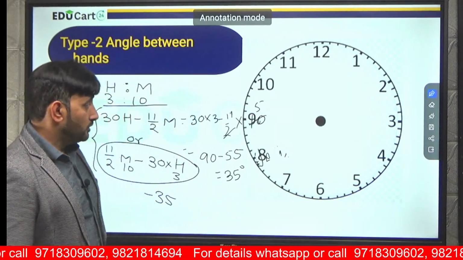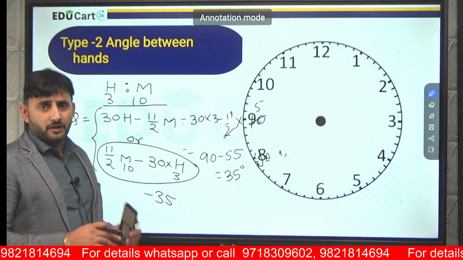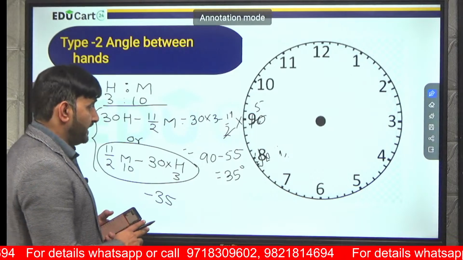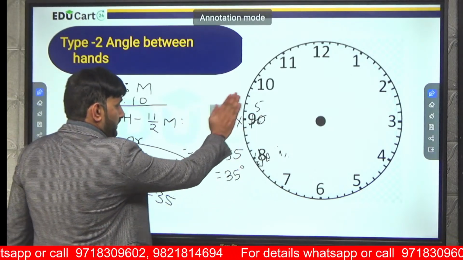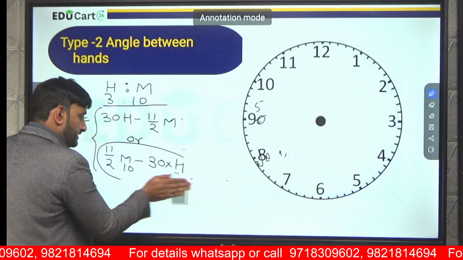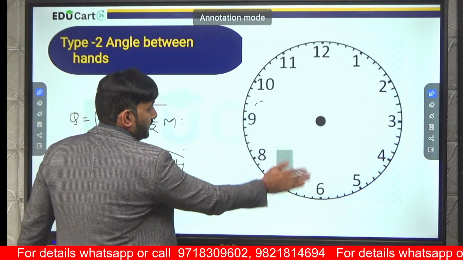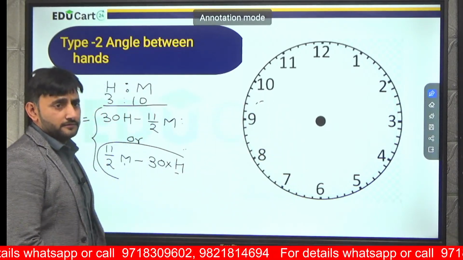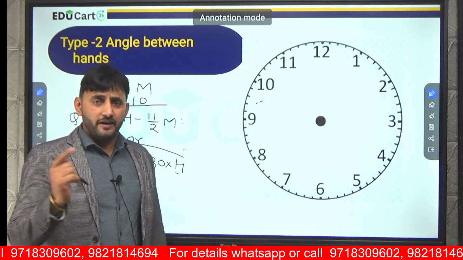To avoid this kind of calculation, use either of these formulas and forget about the sign. And second thing, if you apply common sense, at 3:10 which hand will be ahead? The hour hand will be ahead, right?